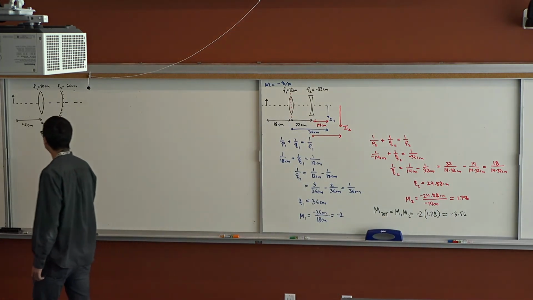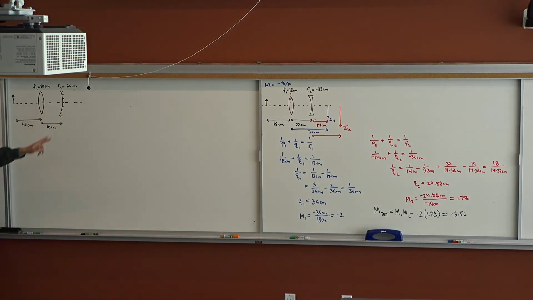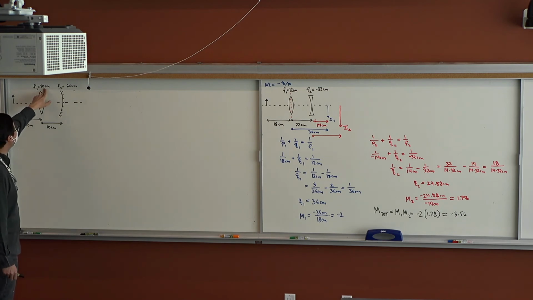Okay, so let's try one that has a lens and a mirror. Converging lens, 20 centimeters, concave mirror, 20 centimeters. I randomly guessed 20 centimeters. I haven't tried this, so we're about to find out whether or not this problem makes any sense whatsoever.